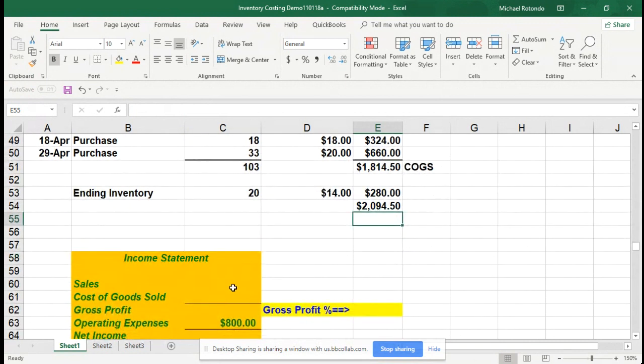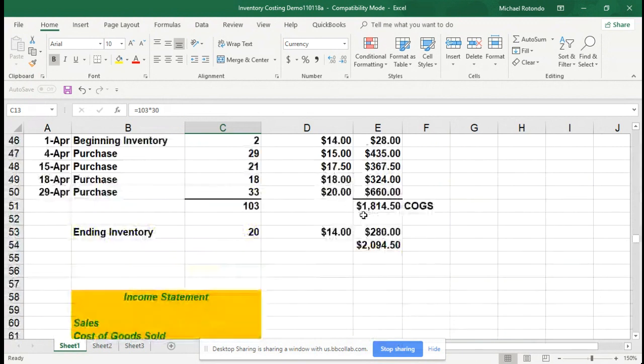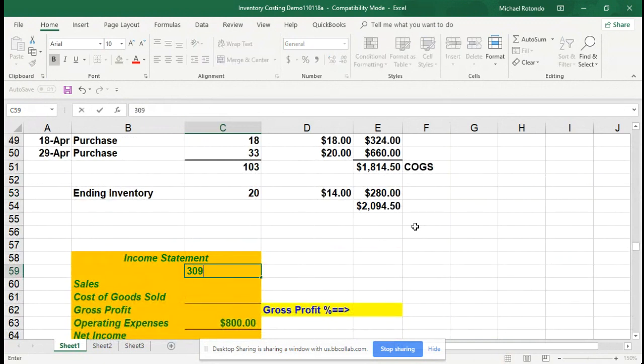So when we do our income statement under LIFO, the sales are going to be the same, right? We decided we were just doing one set of sales, 103 units at 30 each. So our sales revenue is still going to be $3,090. We calculated our cost of goods sold under LIFO, the 1814.50.